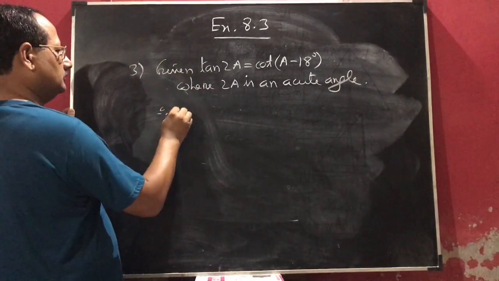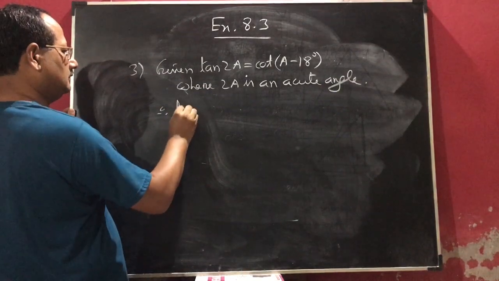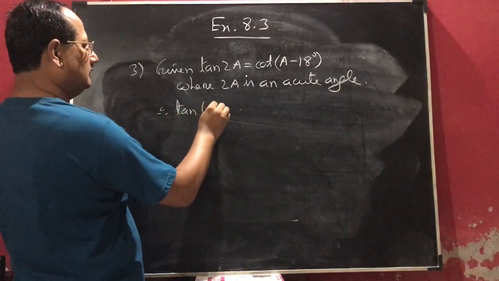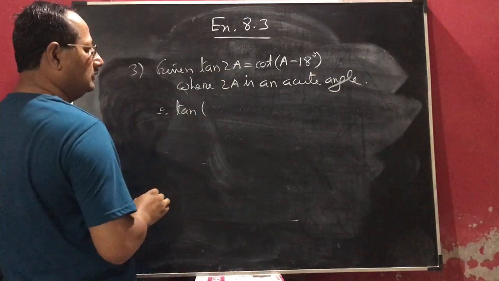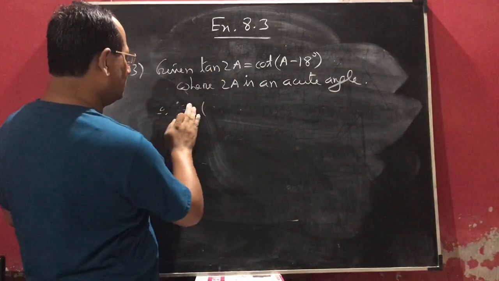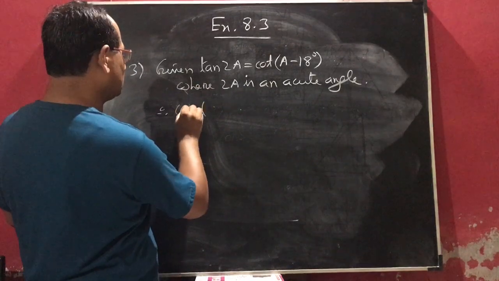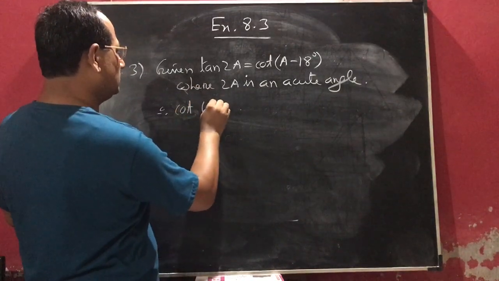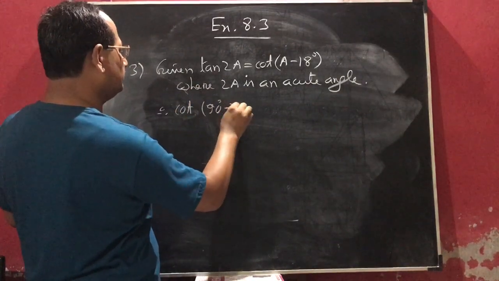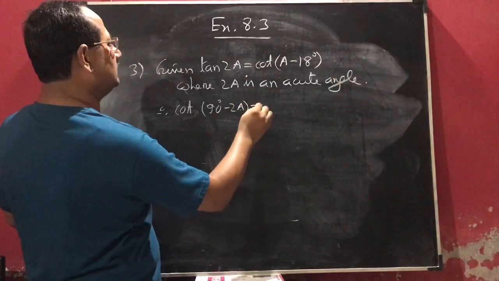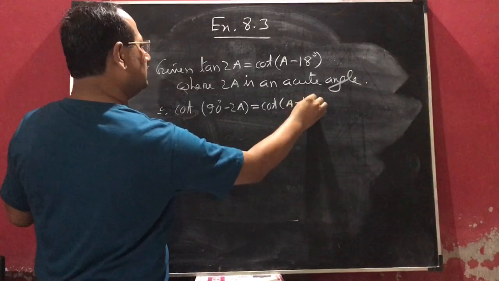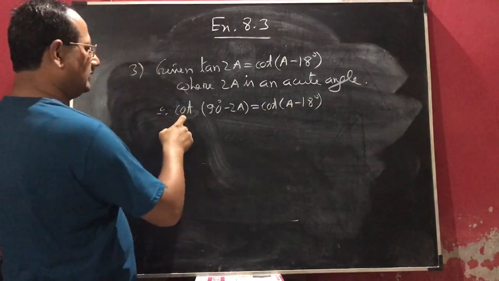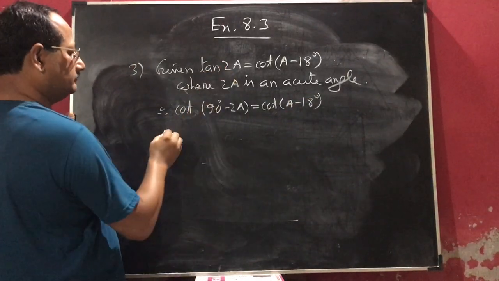So therefore, you write tan 2A can be written as cot of (90 minus 2A). That is cot of (A minus 18 degree). Cot of (90 minus theta) equals tan theta.